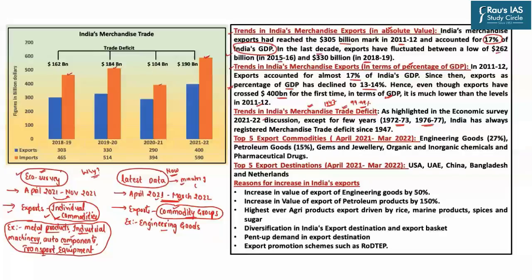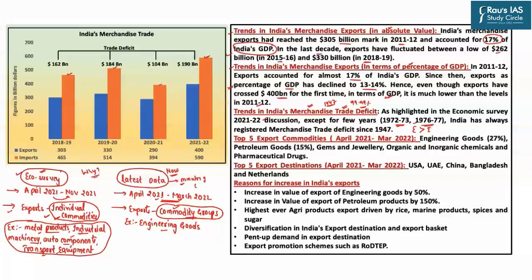That is, only for around 2 to 3 years, the overall export of merchandise goods has been higher than the overall import of merchandise goods. And these years are 1972-73, 1976-77. But otherwise, except these 2 years, for all other years, India has seen a merchandise trade deficit wherein our overall imports were much higher than our export of merchandise goods.